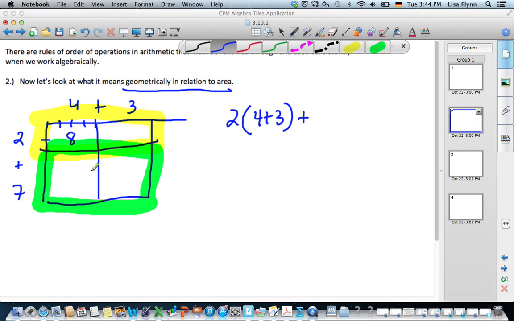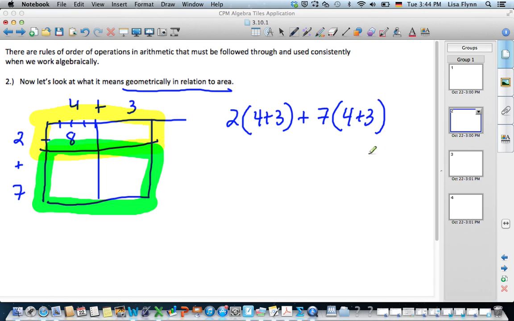You're going to multiply the 7 to the 4 and to the 3. So again, length of 7 and width of 4 plus 3. Exactly. So what you should always see when you're doing it algebraically like this is the 4 plus 3 gets repeated twice, because it's basically like doing 2 separate rectangles. And now we can just distribute it like we've already done before.